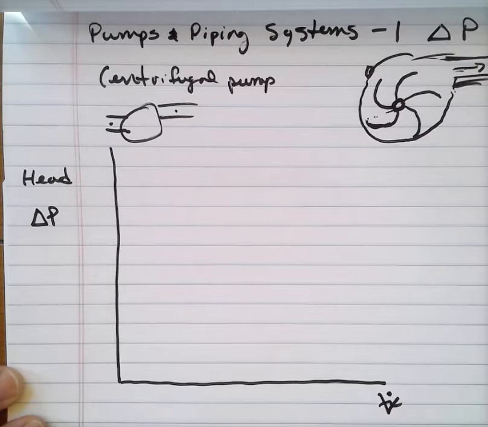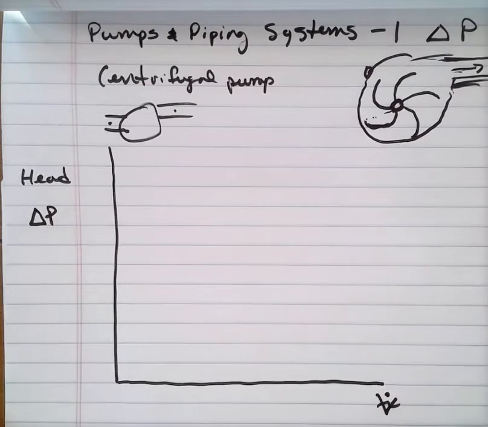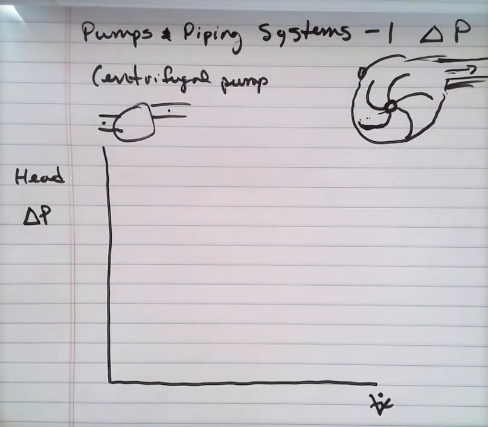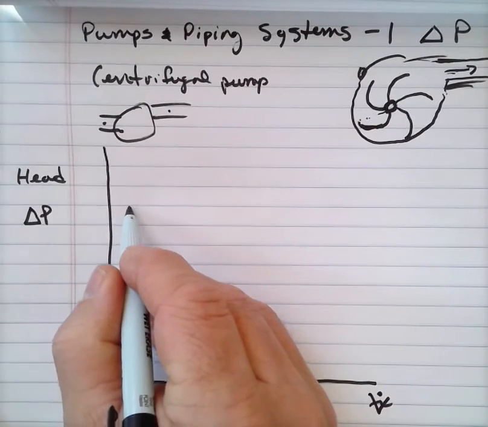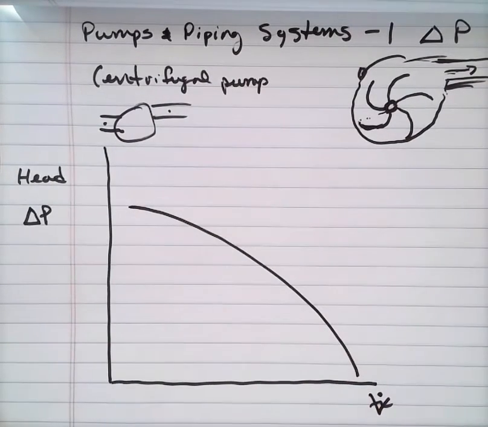Centrifugal pumps, when you get them from the manufacturer, have been tested to give you a graph of head versus flow rate. And centrifugal pumps typically have a graph that looks about like this.